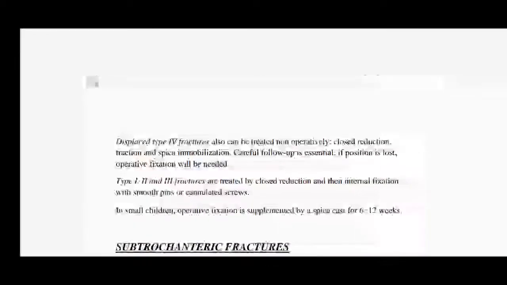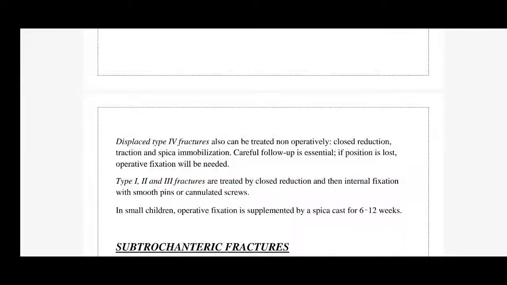And displaced type 4 fracture, which is the intertrochanteric fracture, can be managed conservatively, with closed reduction with image intensifier, and applying hip spica, and careful follow-up every 2 weeks to maintain reduction.